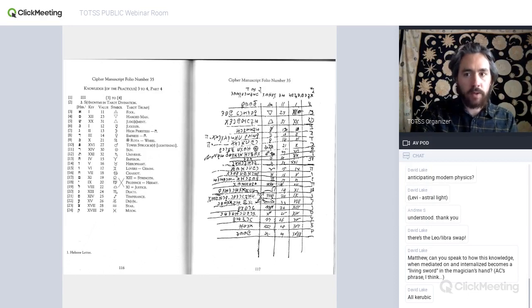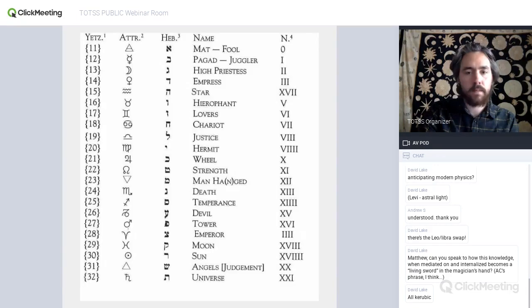But what Crowley is going to do here is actually change from the Sefer Yetzirah so that it's not just the Star and the Emperor that are going to change places, but Aquarius and Aries are going to change places as well. So it's a change of a somewhat different nature. I won't get too bogged down in that.